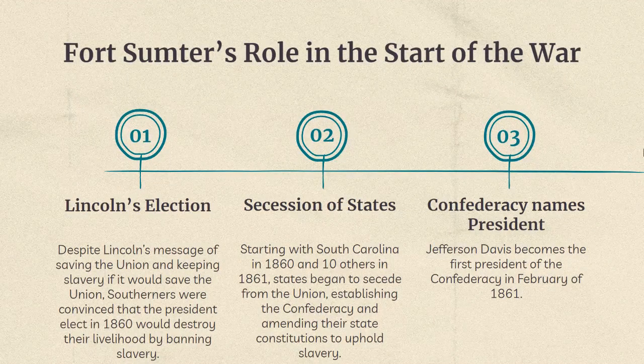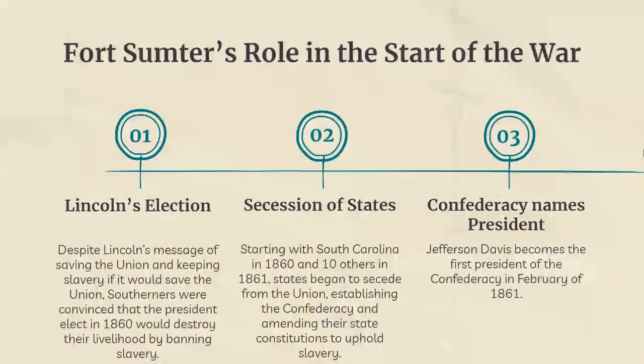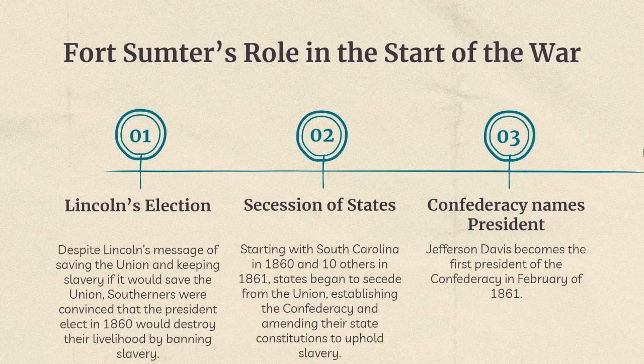In 1860, Lincoln is elected. And keep in mind, the South is nervous that his election means the end of slavery in the United States. They feel he's just going to go ahead and ban it.